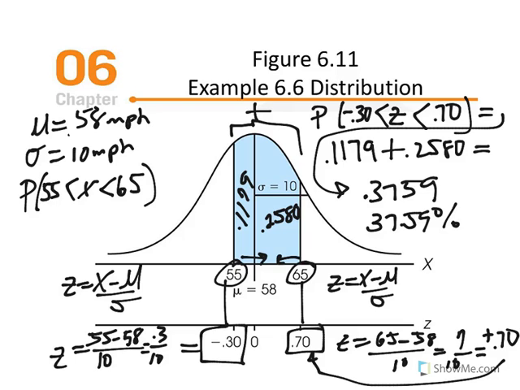So again, this example illustrates the area between a negative z and a positive z.